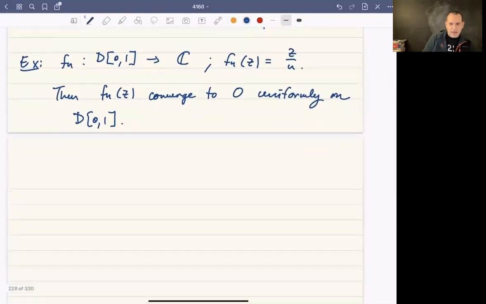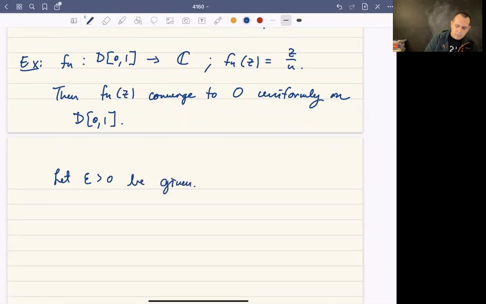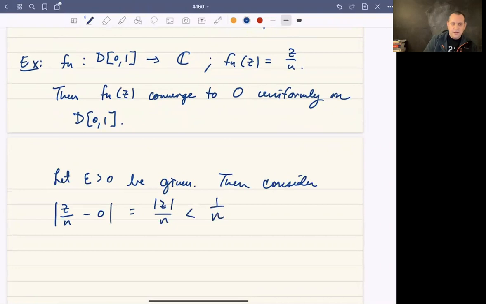And the reason for that is that if we let epsilon be given, and then we look at the same quantity, the modulus of z over n minus 0. This is again the modulus of z over n. But if z is on the unit disk, this is automatically less than 1 over n.